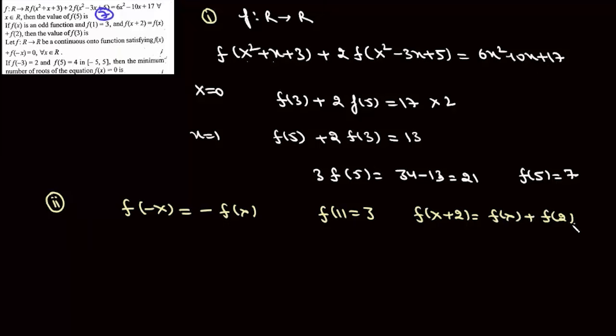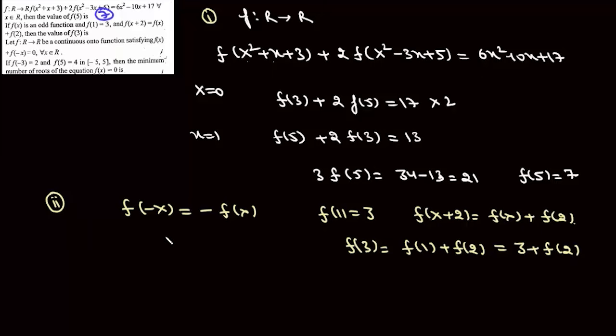We need to find the value of f(3). If we put x as 1, we can write f(3) as f(1) plus f(2). f(1) is 3, so it will be 3 plus f(2).